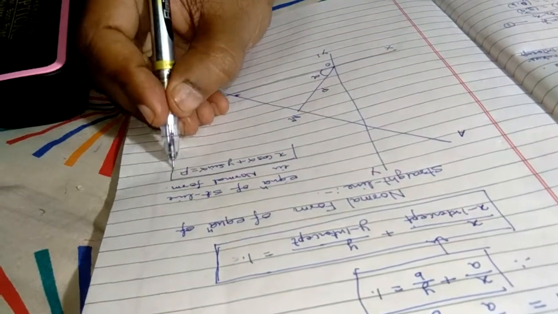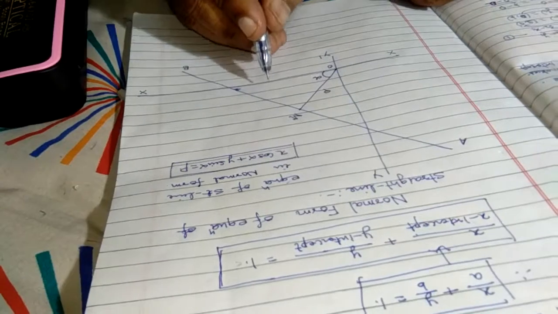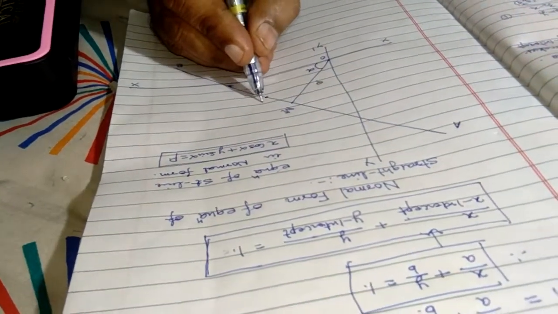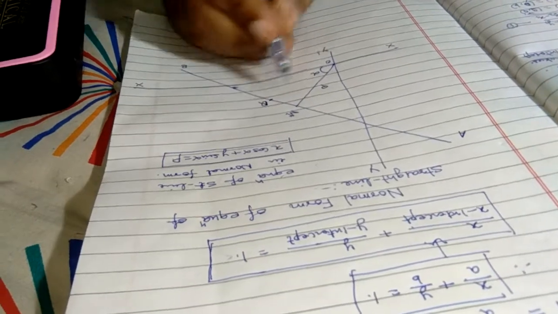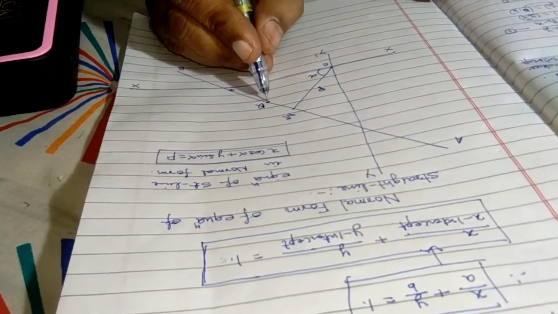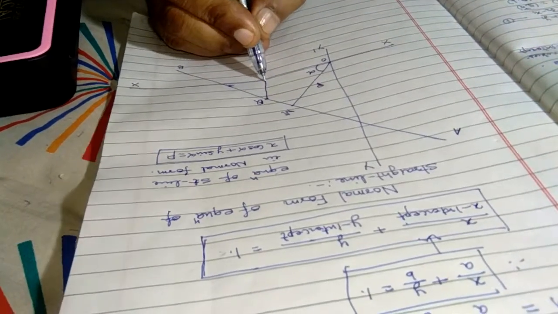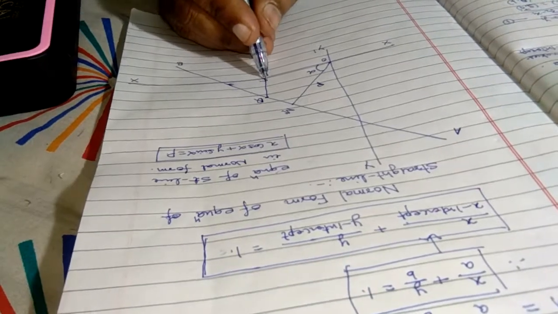This is the equation of a straight line in normal form. So here if you take a point, suppose that point Q I am taking, because the length of the perpendicular is taken as P. So we will draw a perpendicular from this point Q. So QR is drawn as perpendicular.